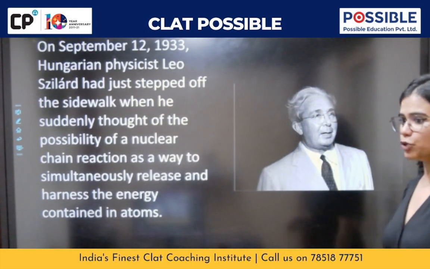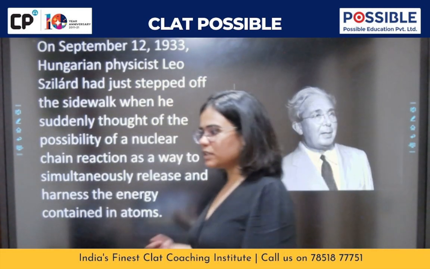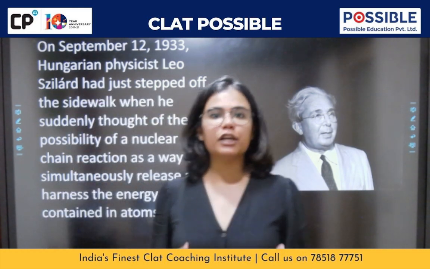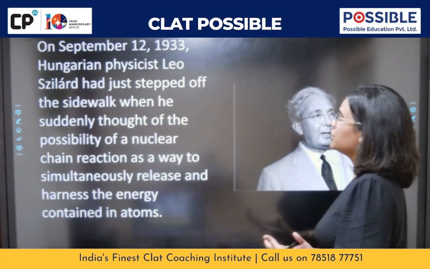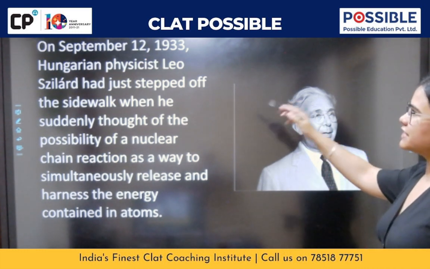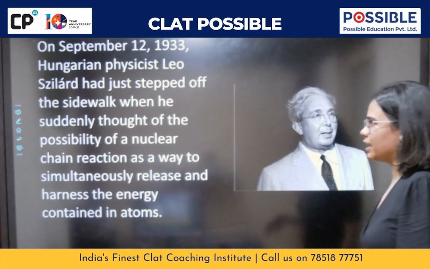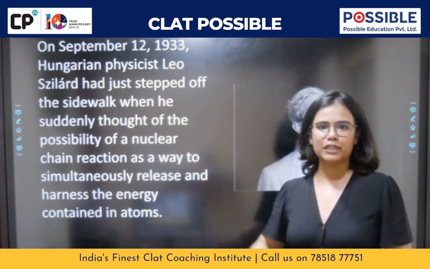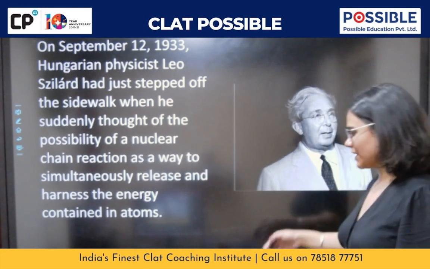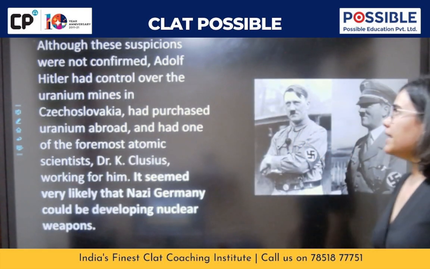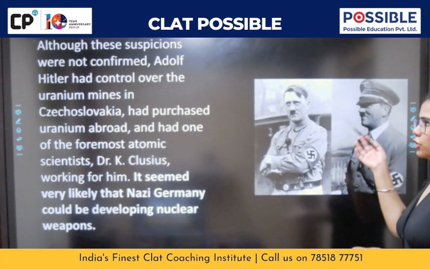But before that, you must know who was the one who thought of this idea of a possible nuclear chain reaction. It was a Hungarian physicist, Leo Szilard, who basically stepped off the sidewalk and thought of the possibility of a nuclear chain reaction, right? Now, of course, this is Adolf Hitler.